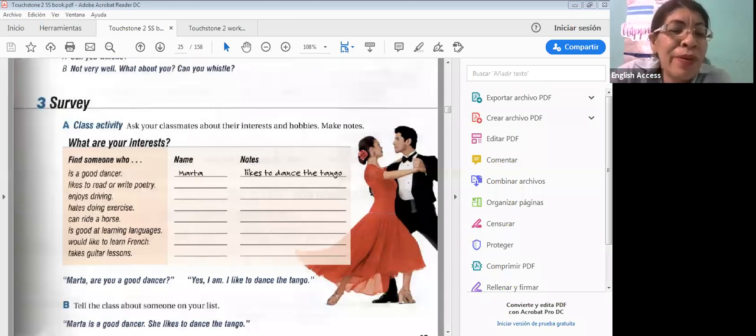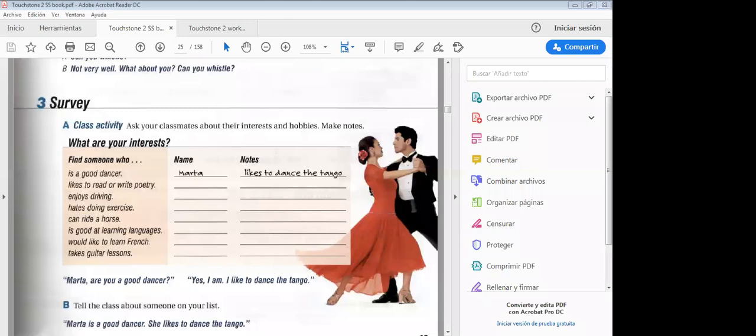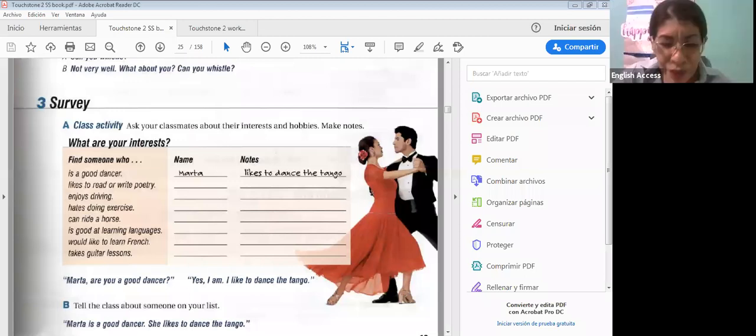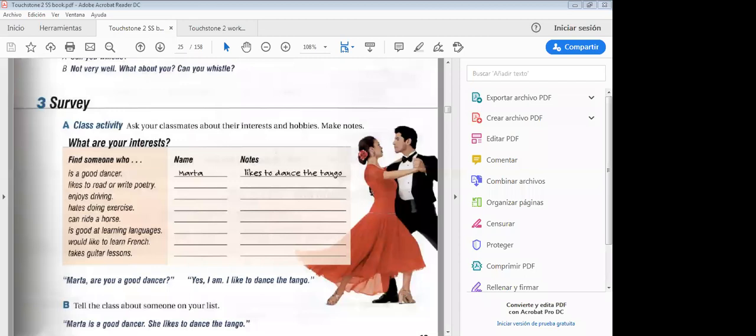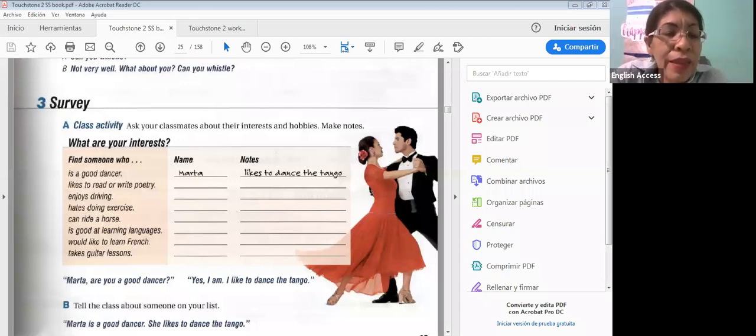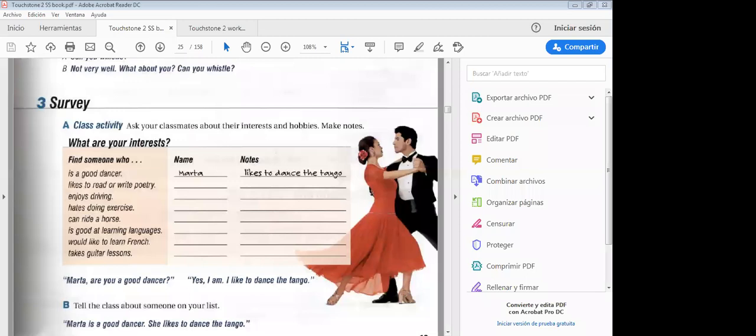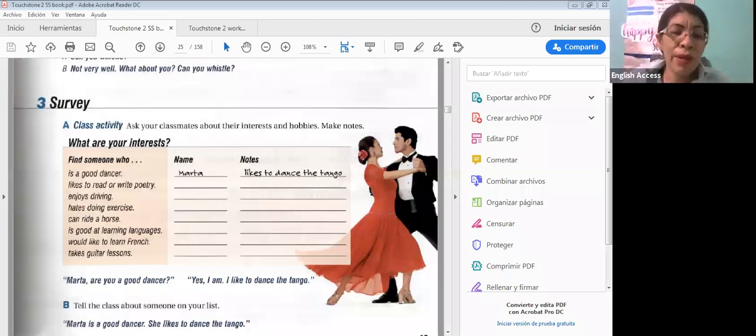Okay, someone who is good at learning languages? Are you good at learning languages? Correct. Then someone who would like to learn French. Would you like to learn French? Correct. And the last one, someone who takes guitar lessons.